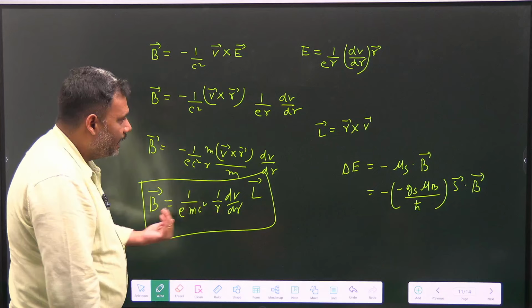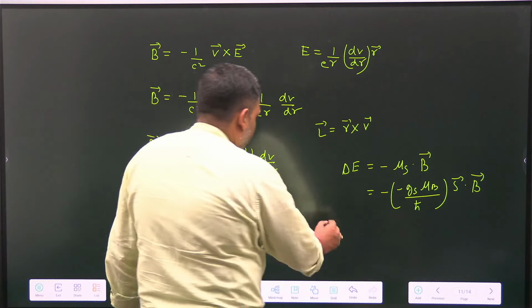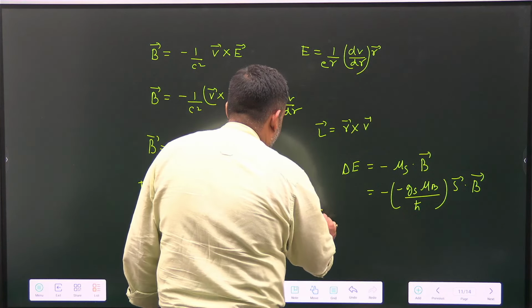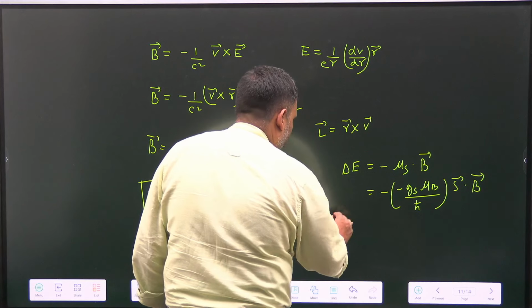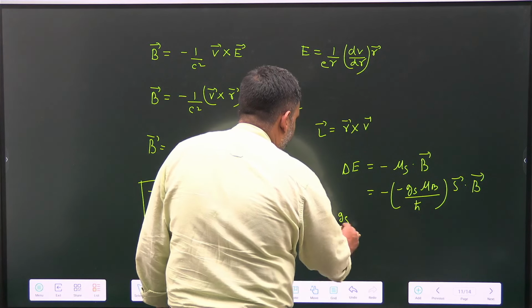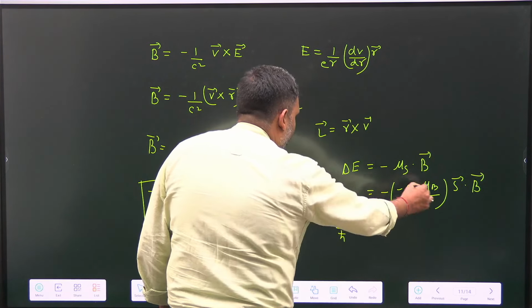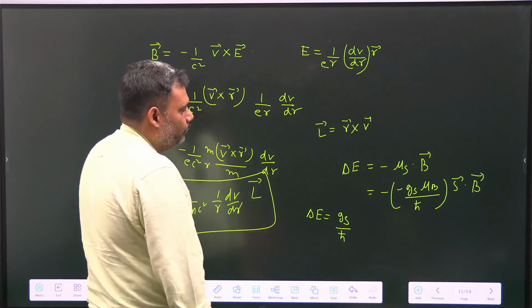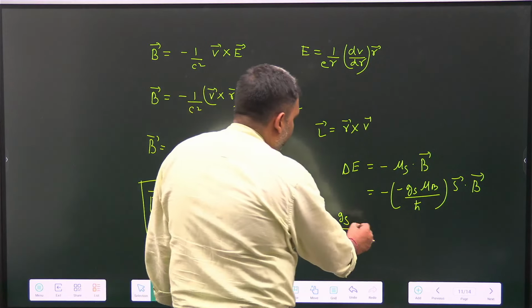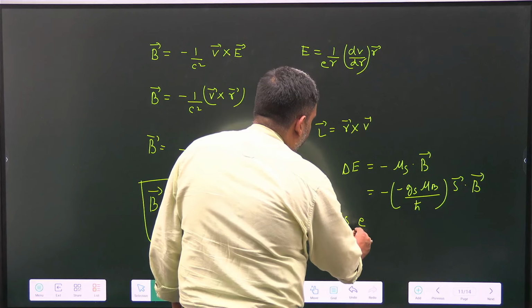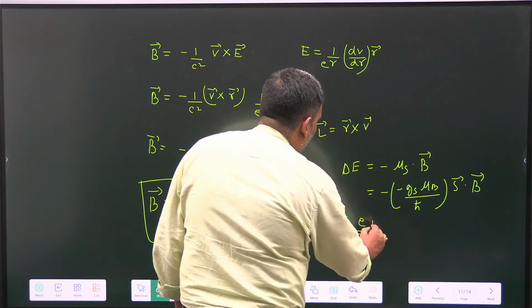So here you can write delta E is equal to minus, plus sign is there, g_s by h cut, and what will be your mu_B? Tell me the value of mu_B. It is e upon 2m into h cut.